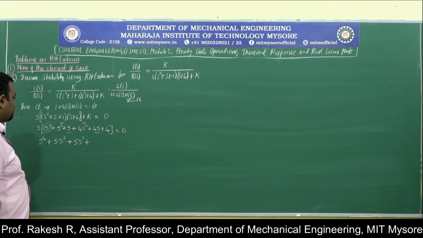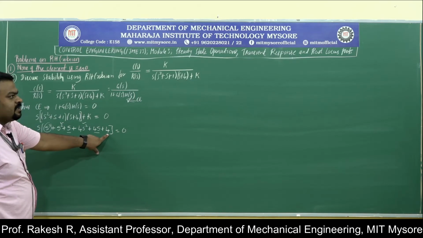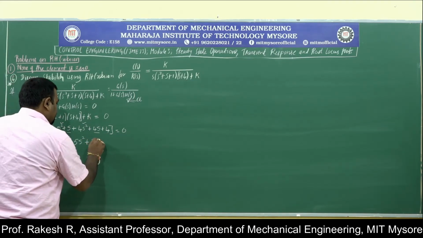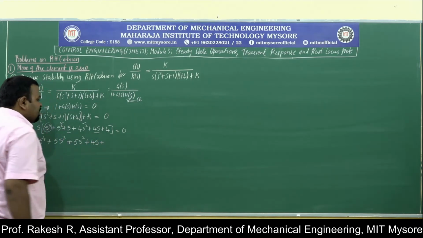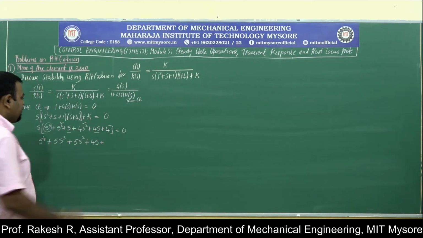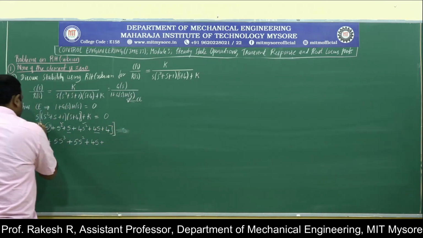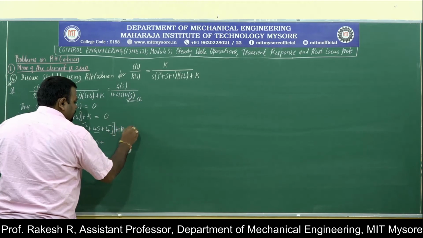How many constant terms are there? Only one, it is 4. 4 into S plus there is another term which is K, which is not in the bracket. So plus K equal to 0.